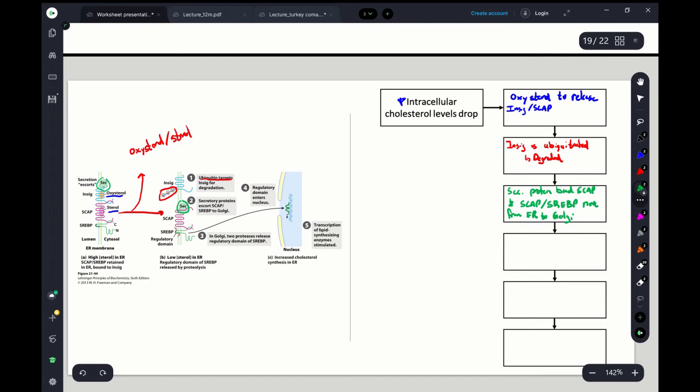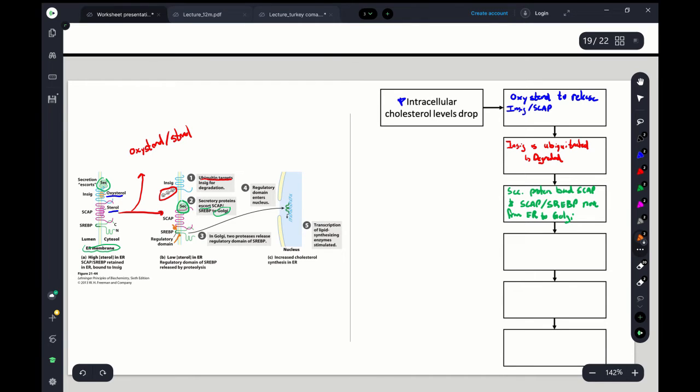You don't really see it here, but they're in the ER membrane here, and then right when you have this ubiquitination, the secretory proteins escort, that's the term here, SCAP and SREBP to the Golgi. They don't show that, but that's what happens. Now in the Golgi, let's get out another color here. Then we have these proteases that SREBP will be exposed to, and those proteases are going to cut right here and right here.